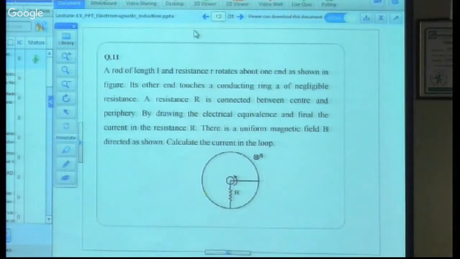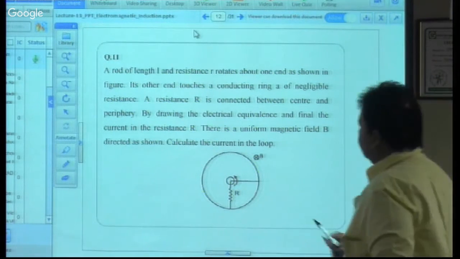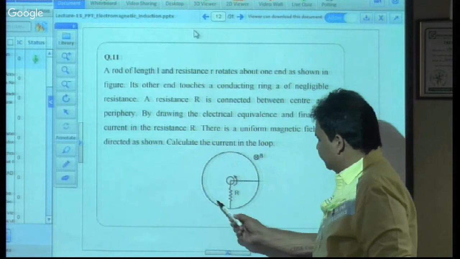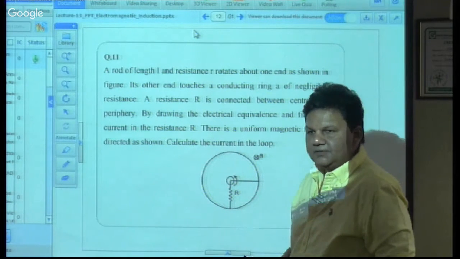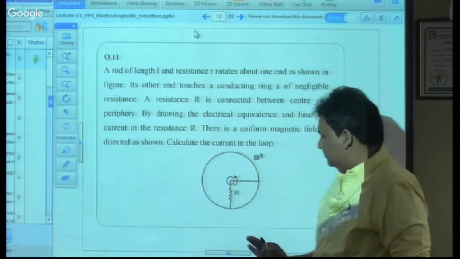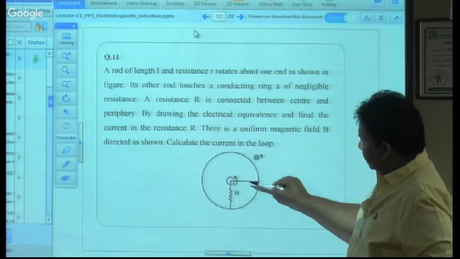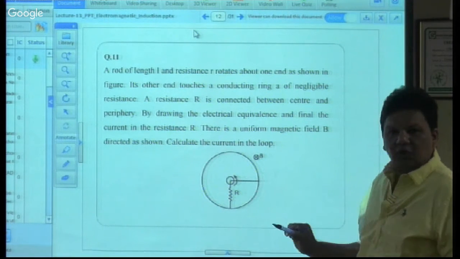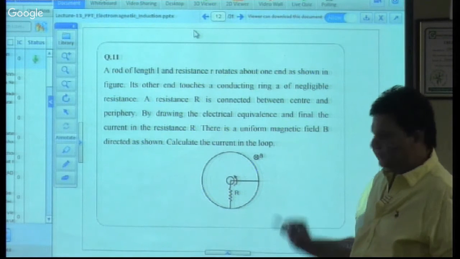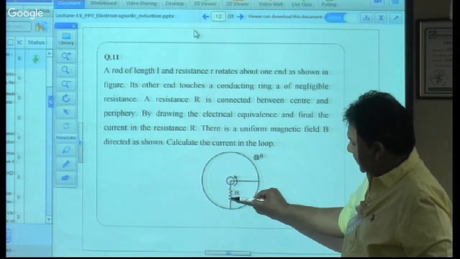Let's see the situation. This is a conducting ring, a fixed conducting ring. This is a rod of length R. This is a resistance which is fixed. These 2 points are fixed.